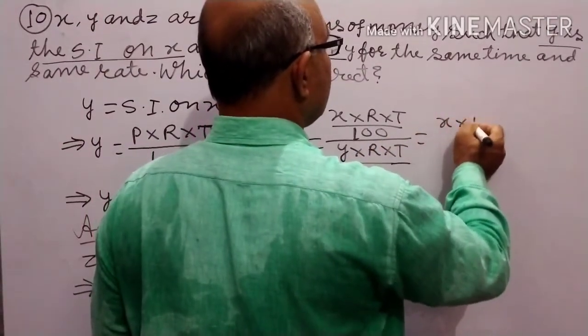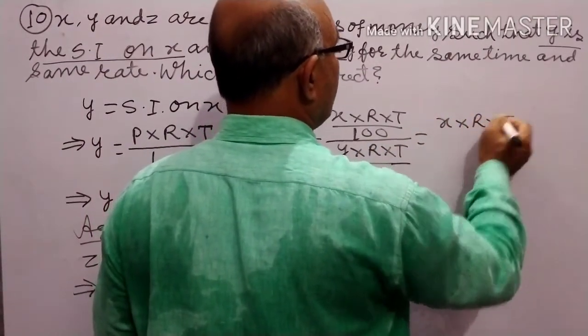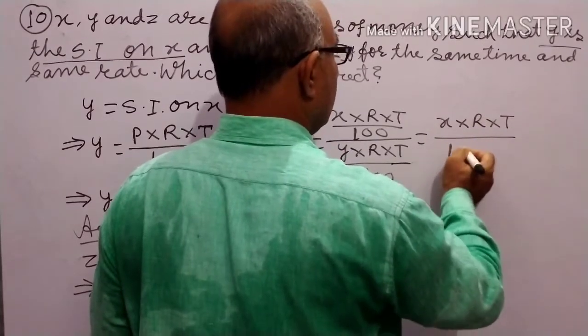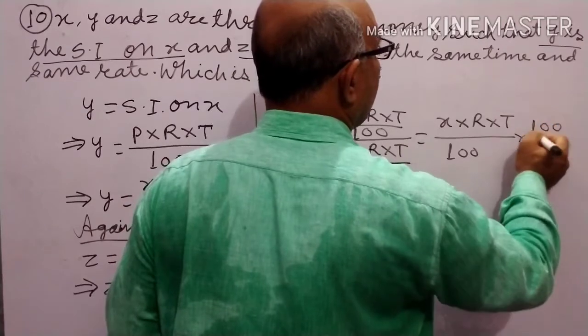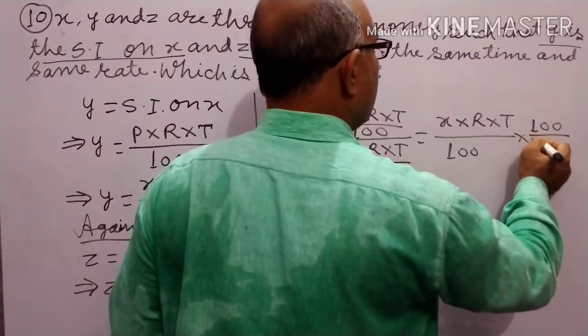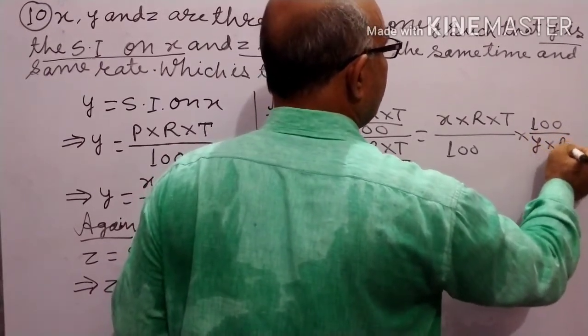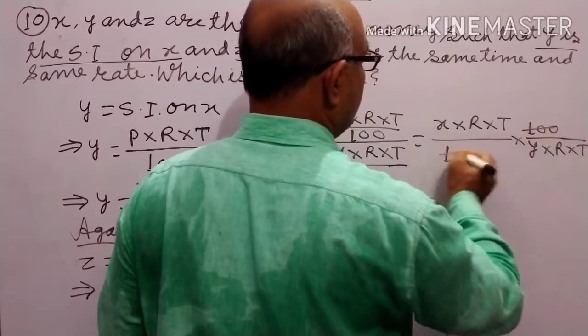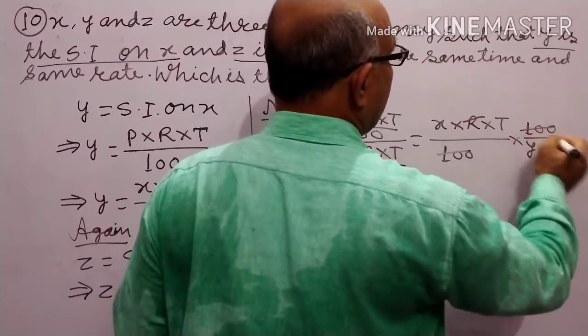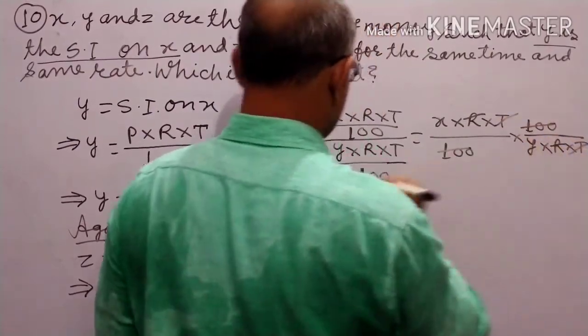So X into R into T by 100 into 100 by Y into R into T. 100 to 100 cancel, R to R cancel, T to T cancel.